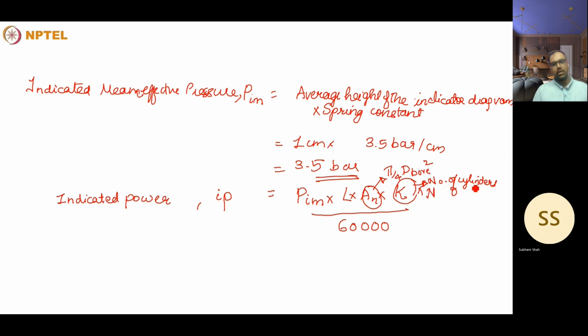Number of cylinders will be 4 multiplied by RPM. This is the RPM multiplied by 1 by 2 or 1, depending upon whether it is a two-stroke or a four-stroke cylinder. This is the number of cycles per second.